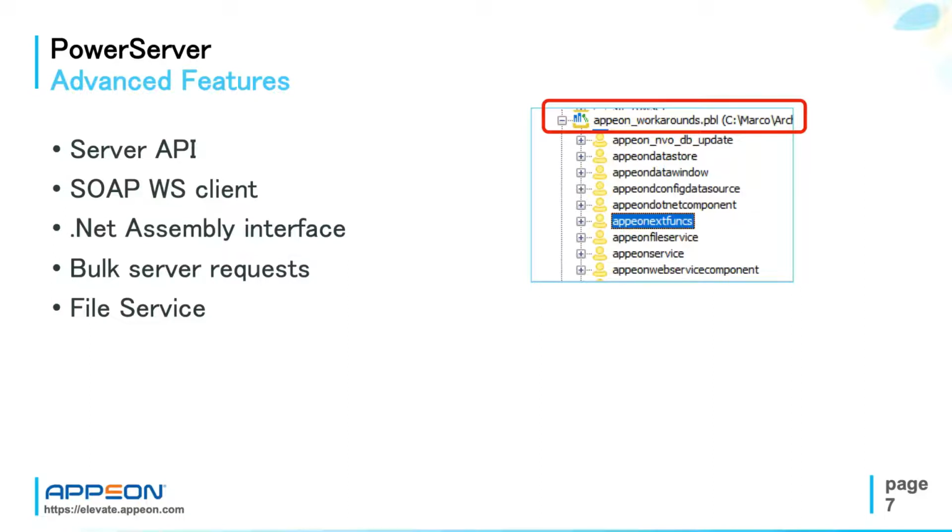As I said, these advanced features are implemented from non-visual objects available in this workaround library, Appeon_workaround. It contains extensions to the PowerBuilder language, extensions that are specific to web and mobile architectures, or both. Remember, this PBL comes with a universal edition of PowerBuilder.